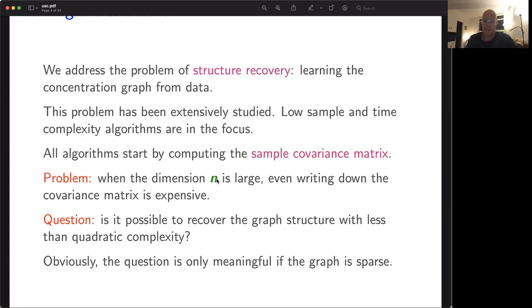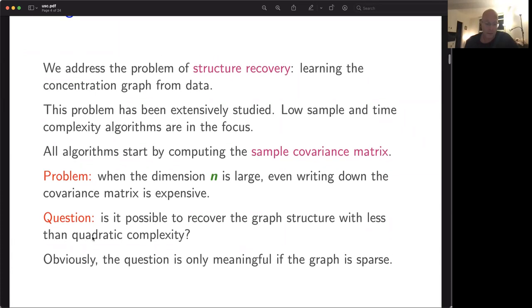So even writing down the covariance matrix is already prohibitive. So just the first step of all the algorithms is already too expensive. So the question that we asked here is, is it possible to recover this graph with less than quadratic complexity? So we are not allowed to write down the sample covariance matrix.